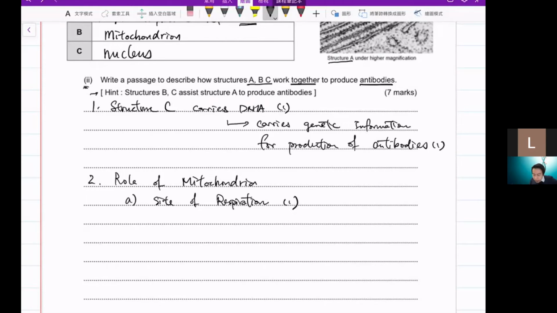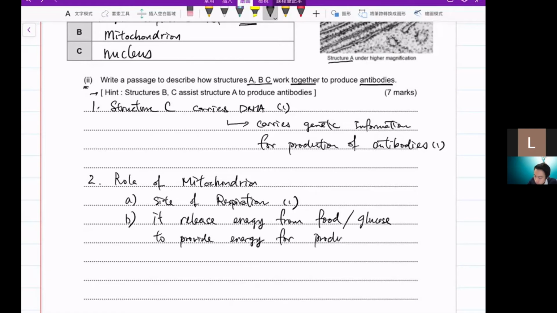So mitochondria is the site of respiration. So it releases energy from food or glucose to provide energy for production of antibodies.